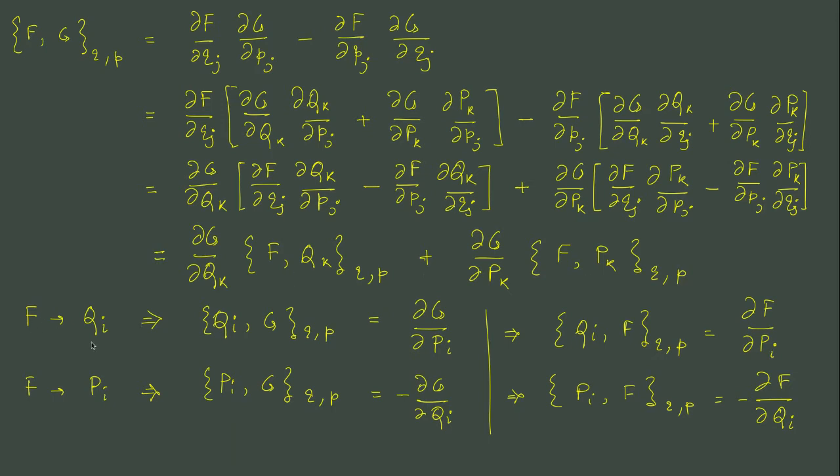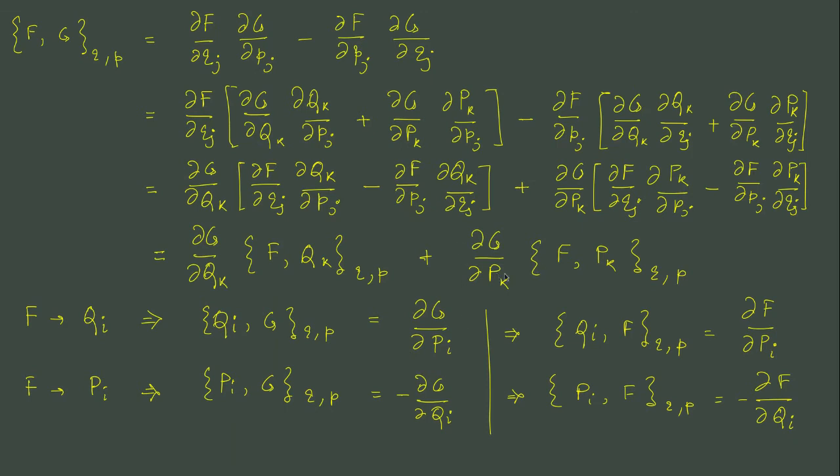Now, suppose we replace F by Qi, then what do we have? We have the Qi, G Poisson bracket, and that should be equal to, using our previous identity, we already know Qi Qk here would be 0, and here Qi Pk will give us delta ik, and delta ik times del G del Pk summed over k.